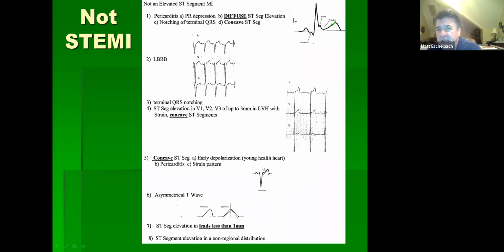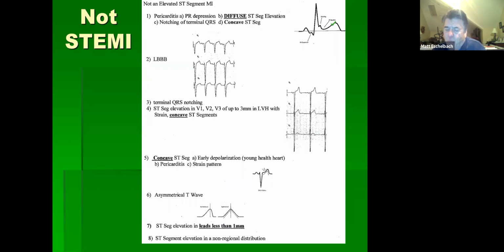Diffuse ST elevation, meaning you've got ST elevation where there's terminal notching of the QRS and a concave ST wave, is indicative of pericarditis. You're going to see what looks like ST elevation, but it's diffuse, across the entire heart.